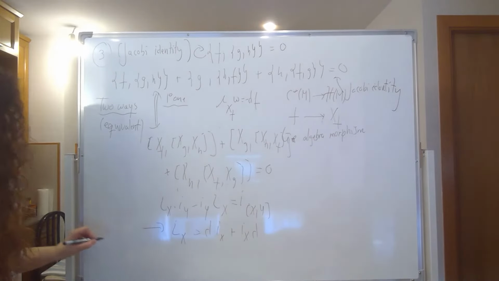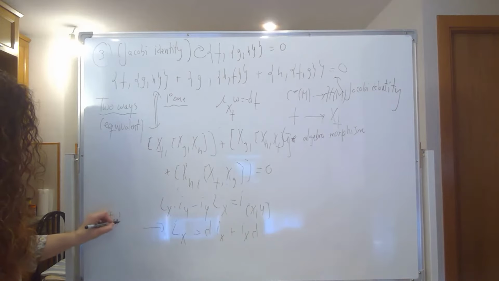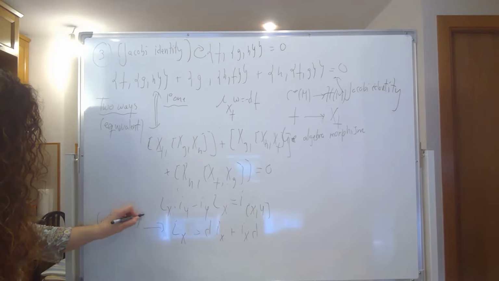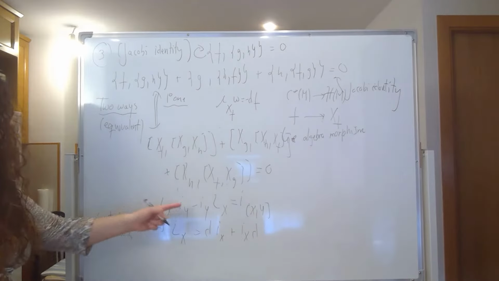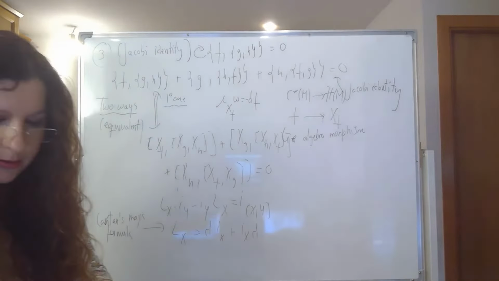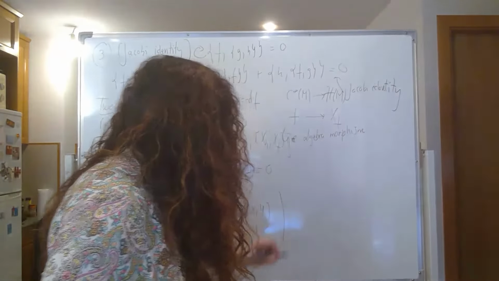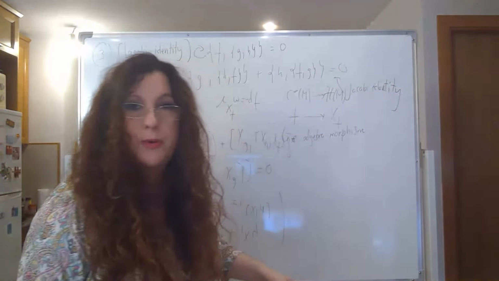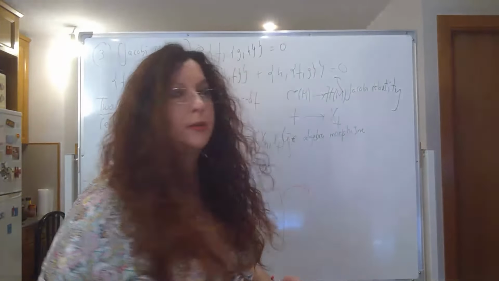The second one is what we call Cartan's magic formula. And the first one is a relation that you use.